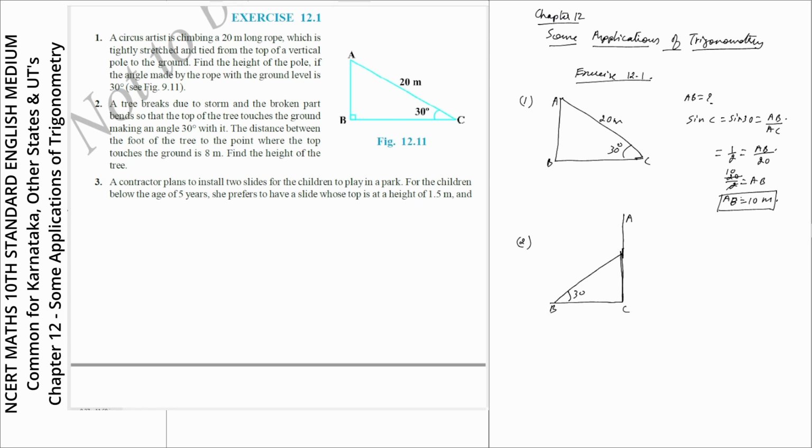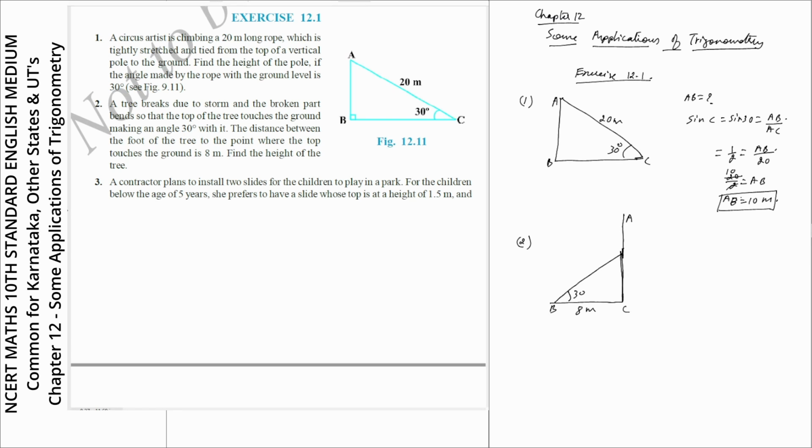And the distance between the foot and the top of the tree, that is the point B where the tree fell, is equal to 8 meters. Yes, 8 meters.